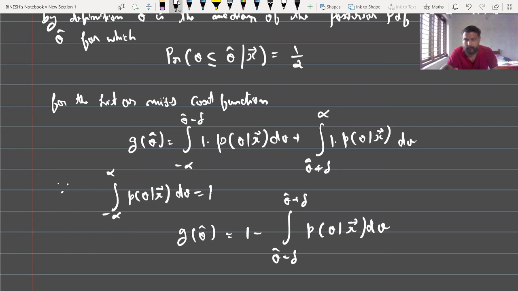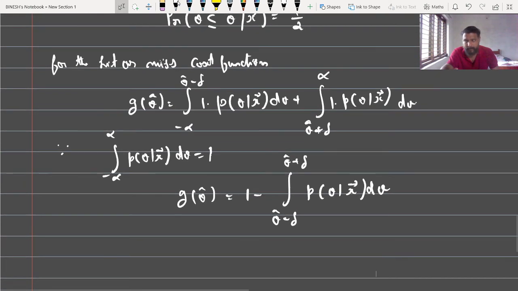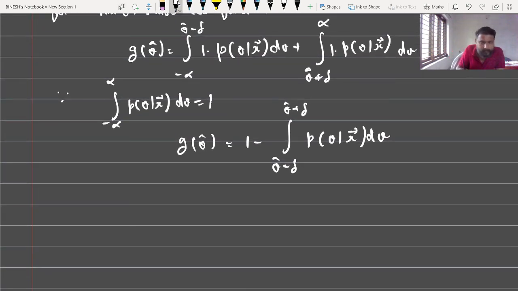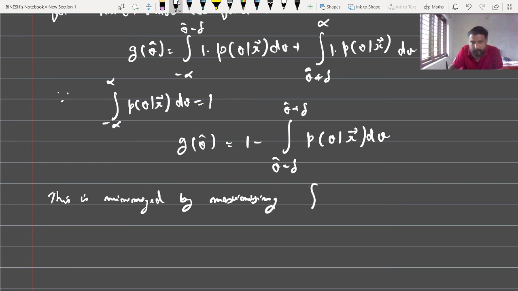So this is minimized by maximizing the integral from theta cap minus delta to theta cap plus delta of P of theta given x, d theta.